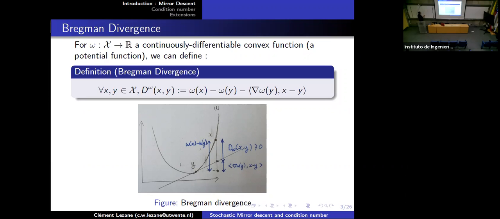So for the Bregman divergence, first there is the difference between the two potentials, and then on top of it, you subtract the derivative at the second point here. This part you slack away, and the remaining part is what we call the Bregman divergence of the pair x, y, for the distance generating potential function omega.